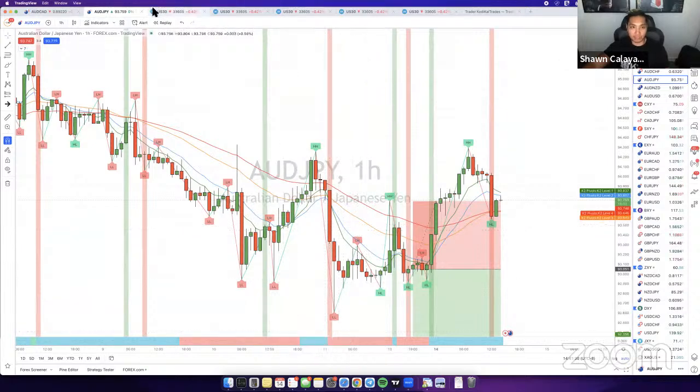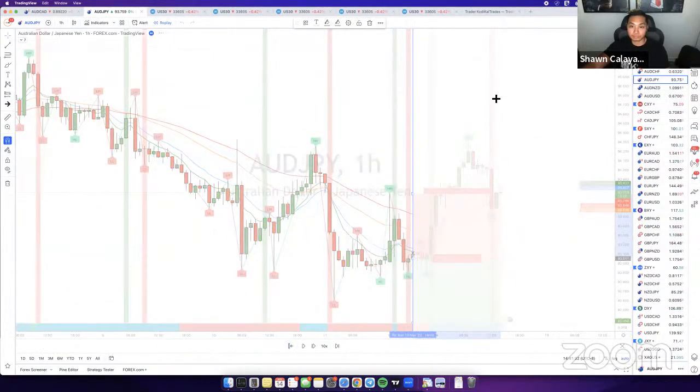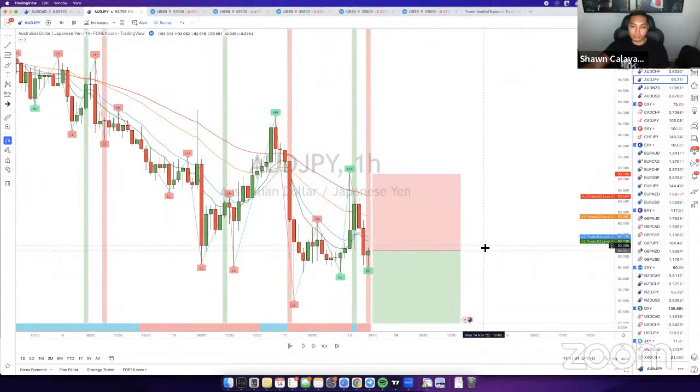All right, so at time of entry right here, typically when I'm scanning for these Forex entries, I'm looking at all of the different pairs that align with it.